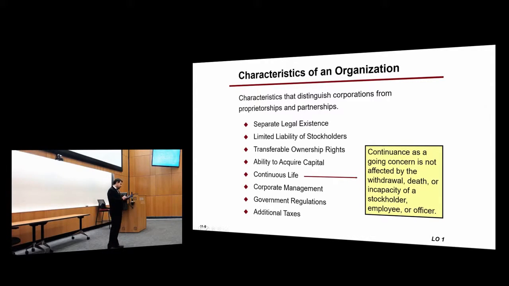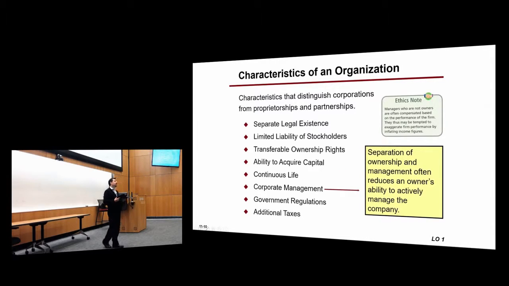Now we get to disadvantages. Some of the disadvantages of corporations is that there's a separation between management and ownership. With partnerships, usually you have the partners who actually manage the company. It's the owner who keeps track of the company's management.